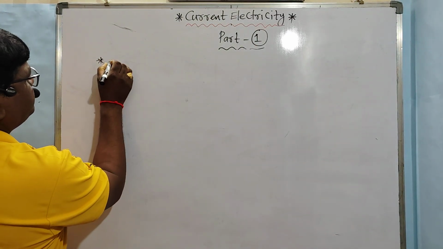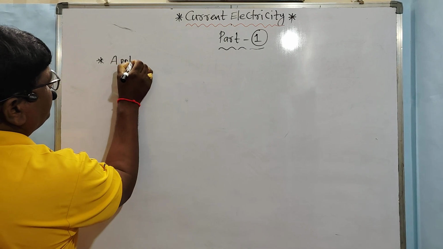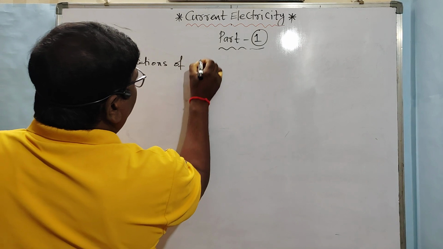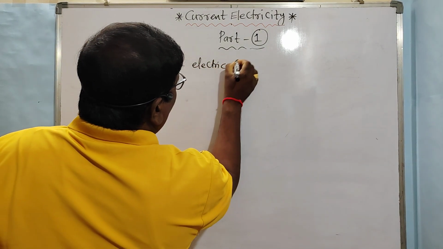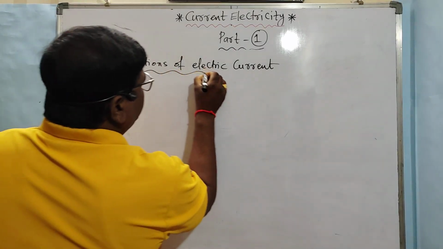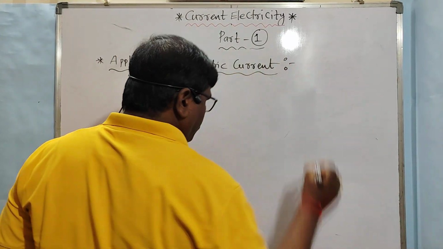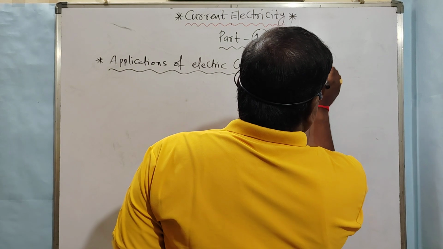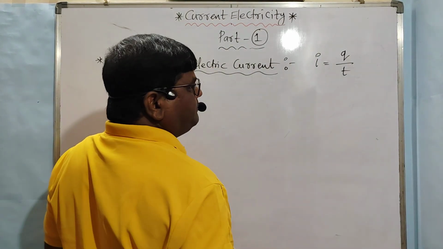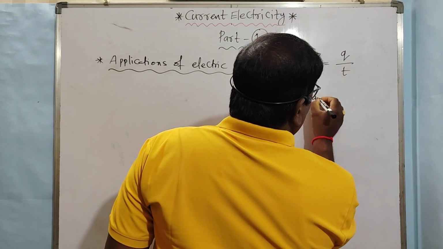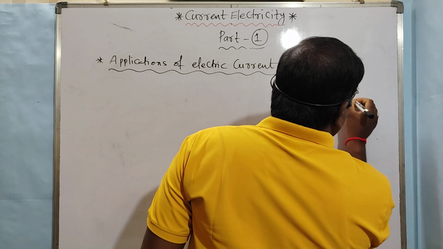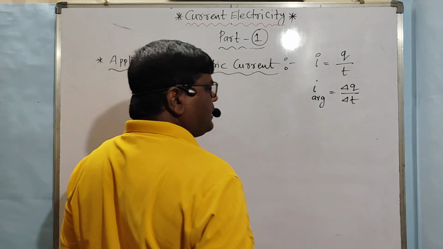The general formula is electric current I is equal to Q by T. Average current we can say is equal to delta Q by delta T, nothing but total charge by total time.